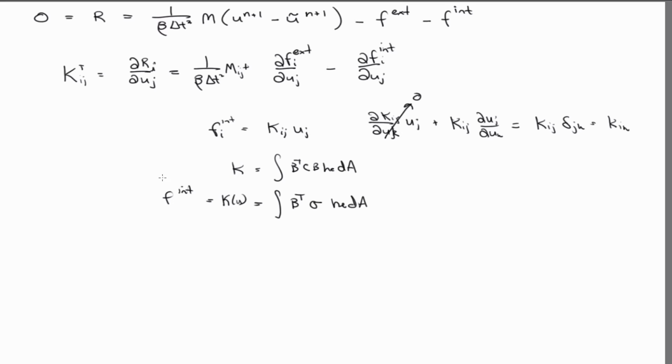So what we call that tangent stiffness is the consistent tangent stiffness matrix, which means it's consistent with the return algorithm. And we have to have a consistent tangent stiffness to maintain a quadratic convergence of the Newton iteration.